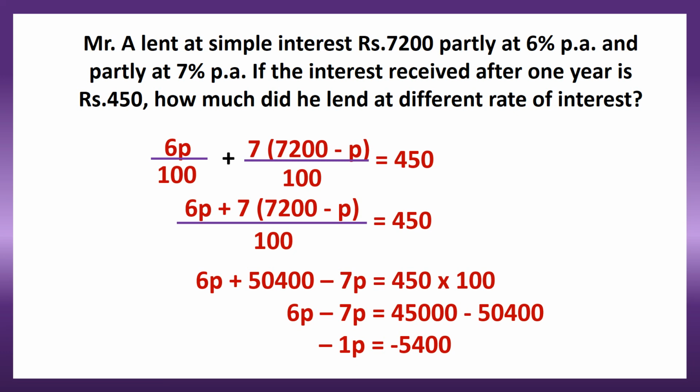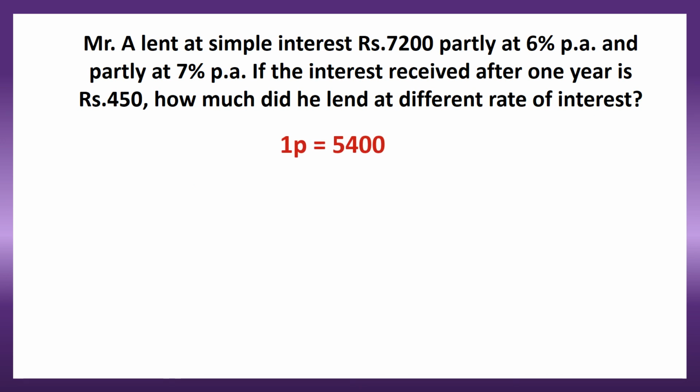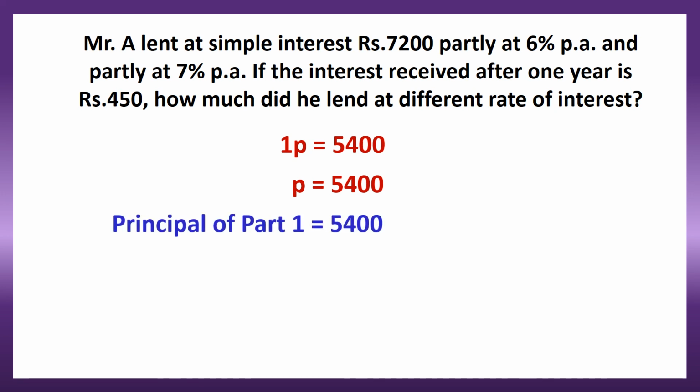There are negative signs on both sides, so that can be ignored. It becomes 1P is equal to 5,400. So P is equal to 5,400. Hence, principal of part 1 is 5,400.